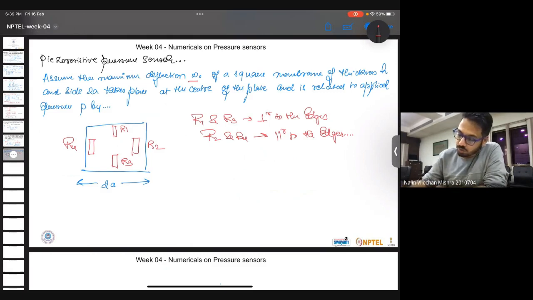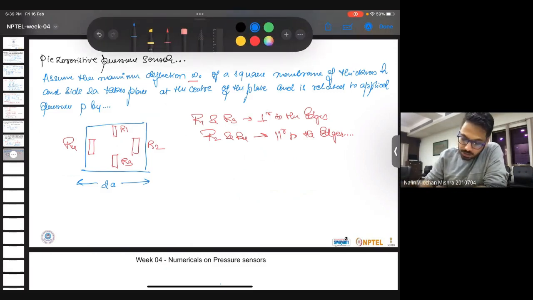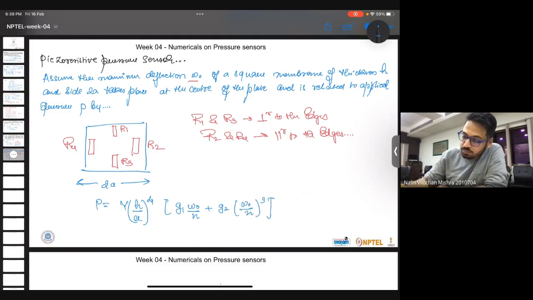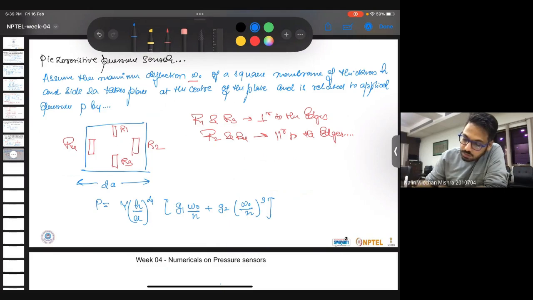related. So the formula of P is given by Young's modulus h by a to the power 4 times G1 omega naught by h plus G2 omega naught by h the whole cube, is the general formula, where we have both linear and non-linear terms in here.